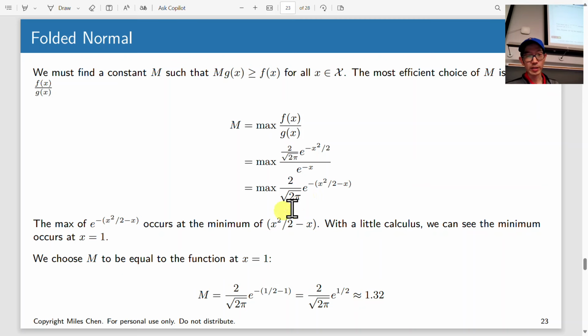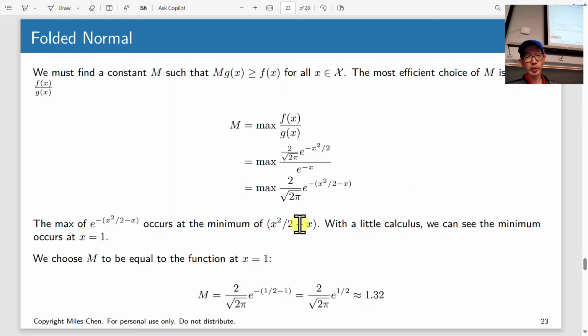So basically the max of this quantity is going to occur at the minimum of x squared over 2 minus x, okay? Where does the minimum of that occur? Well, the minimum of this thing is going to occur at x equal to 1, right? Because this is just a parabola, and the minimum of that is when x is equal to 1.